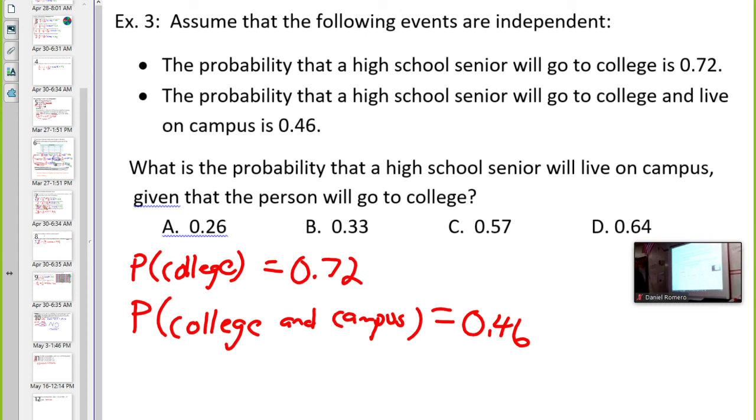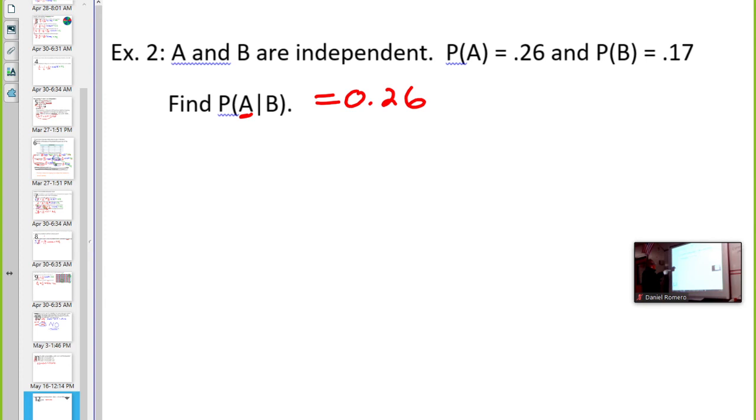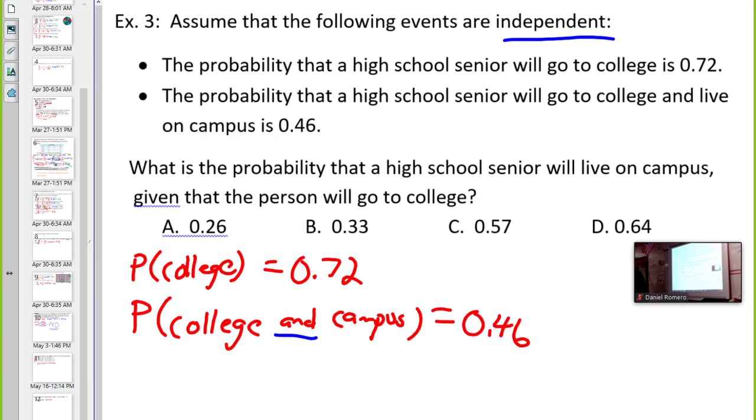All they did here is because it's independent. This is still not the one I wanted because it's not dependent. But because it's independent, how would you calculate the and probability? Not the conditional probability, but the and. Not adding, but just multiplying.